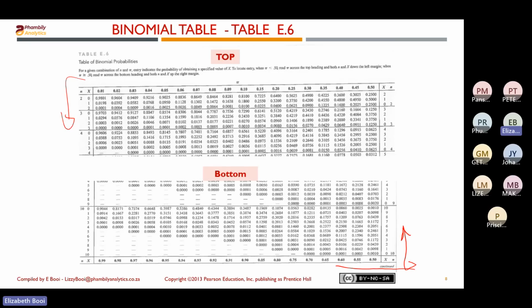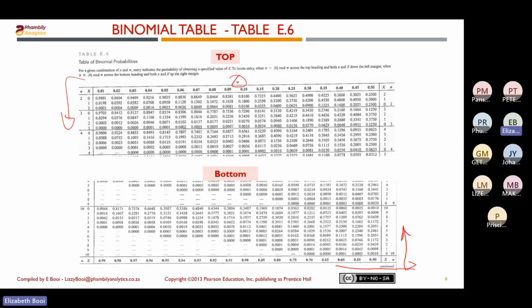So if you have a probability of success from 0.01 up to 0.50, you will need to use the top side of the table and read your n and your x observation from the left.